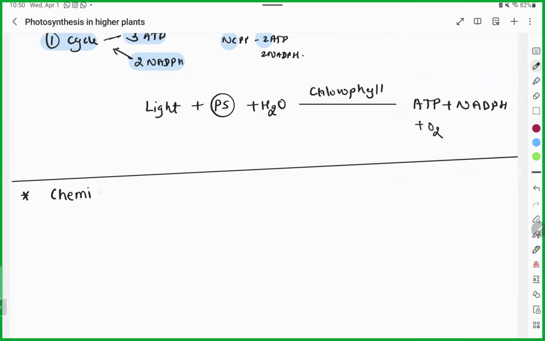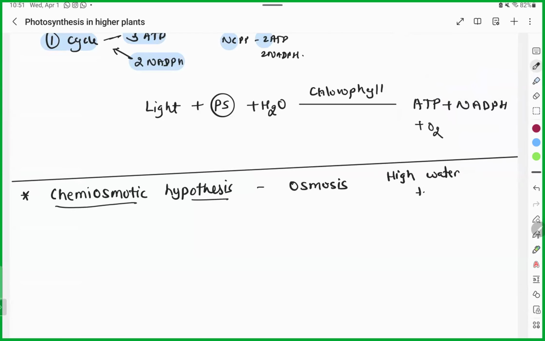Normally, osmosis occurs for water. But here, we are not using water. The osmosis definition is movement of water from high water to less water.